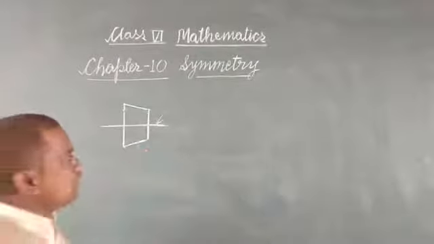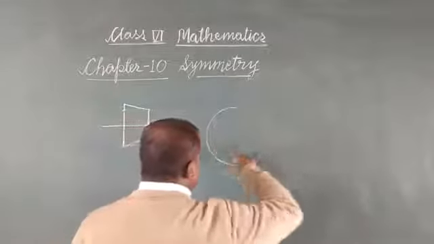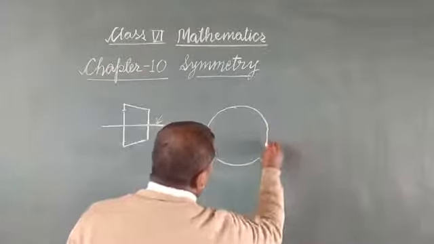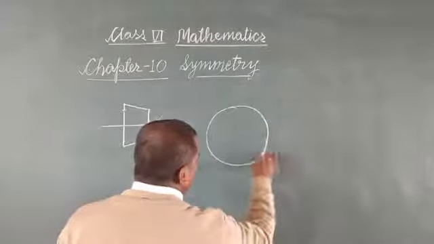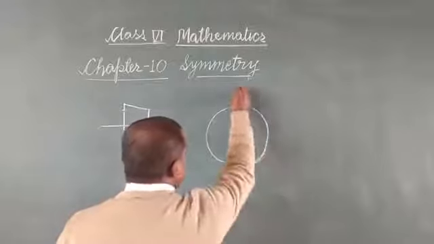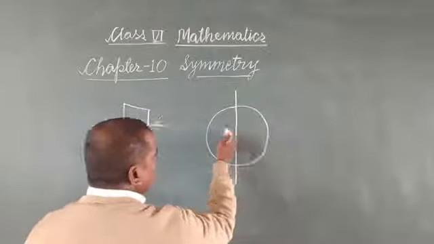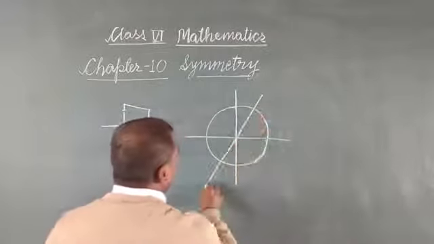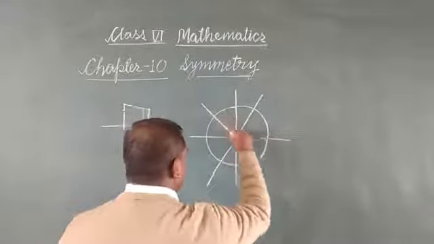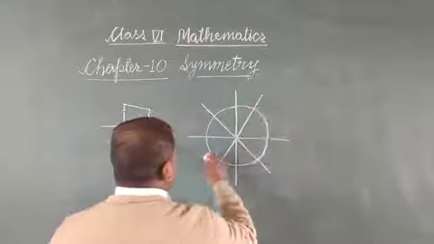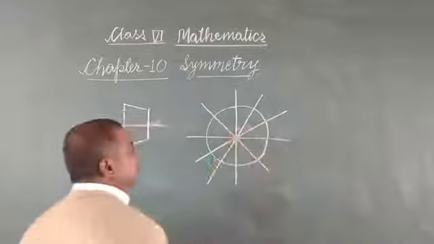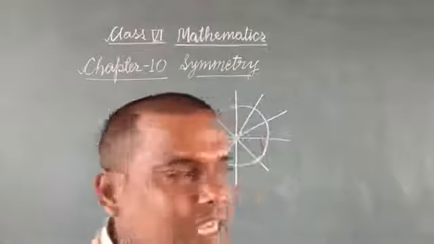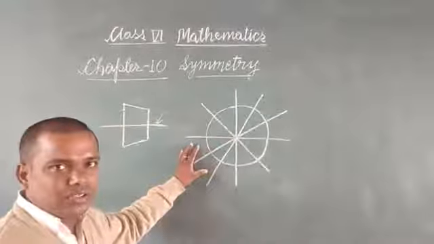Now, you see the figures. Suppose we have a circle. So how many lines of symmetry in this case? Suppose the center. This half, this half. This half, this half. By this way you can draw infinite lines of symmetry in case of a circle.